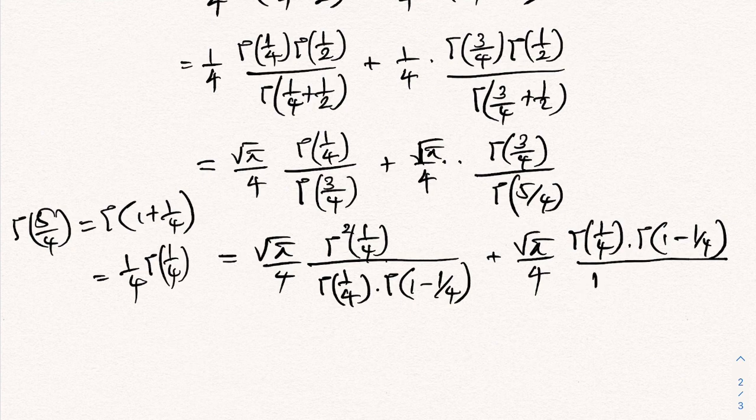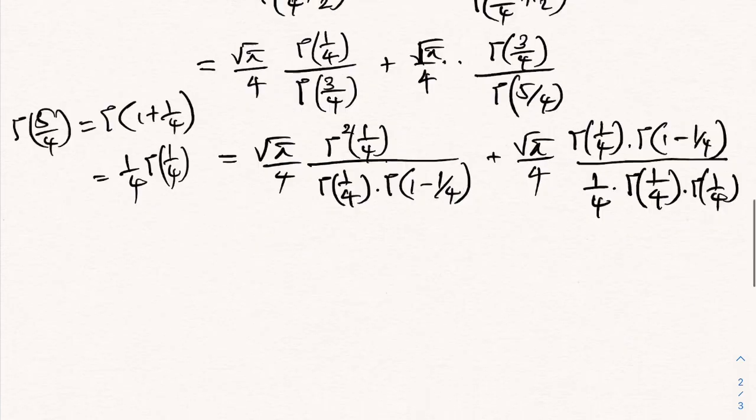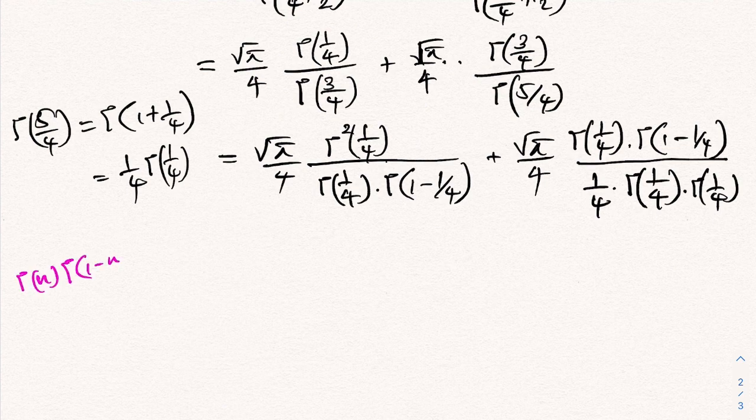So 1 over 4 times gamma of 1 over 4, and also we multiply by gamma of 1 over 4, so here again gamma of 1 over 4. Okay, then we know Euler's reflection formula: gamma of n times gamma of 1 minus n is equal to pi over sine of pi n.